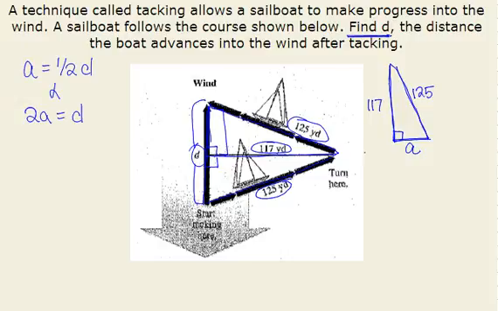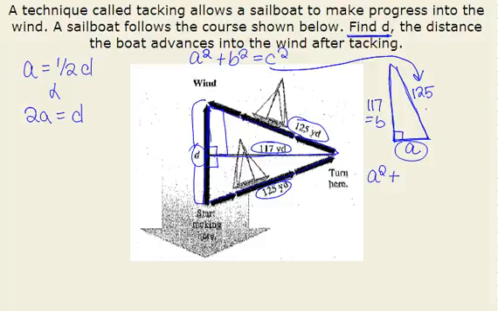So using Pythagorean theorem, to remind everybody, A squared plus B squared equals C squared, where C is this hypotenuse here. So we're going to write this as A squared, this is our A, plus B squared, this is our B, here's our C, so we've got plus 117 squared, is equal to our C squared, which is 125 squared.